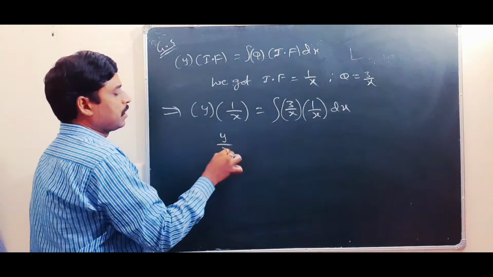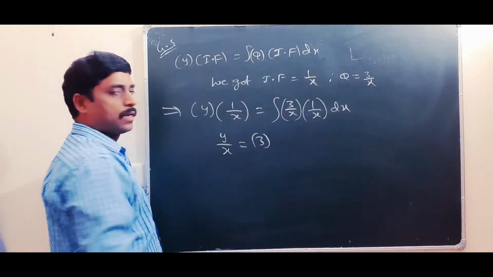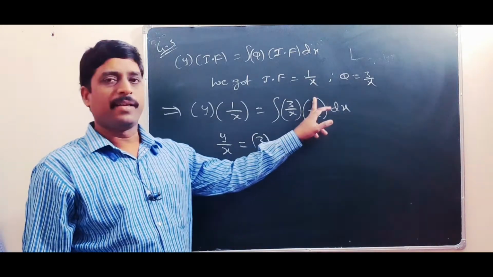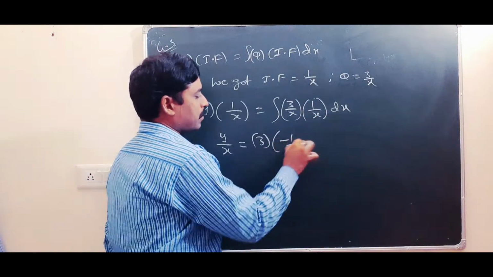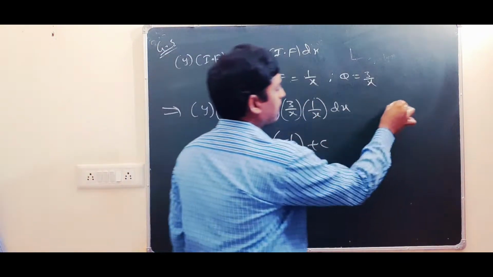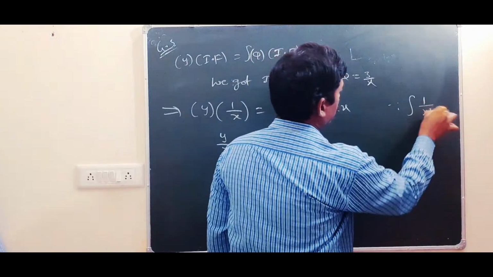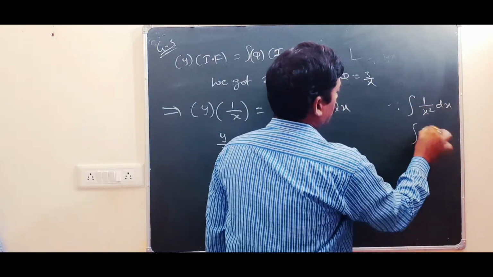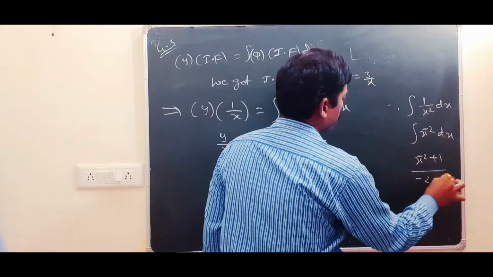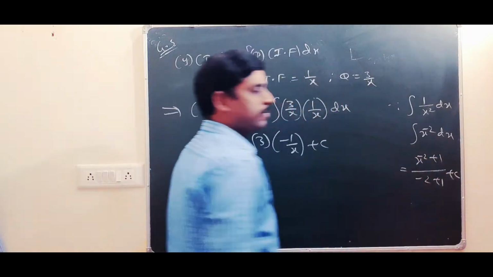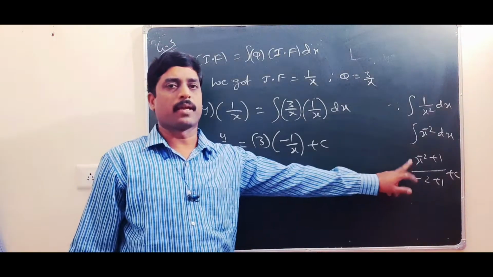So y by x is equal to 3 constant, integral 1 by x square. Integral 1 by x square is minus 1 by x plus c. We have 1 by x square integration, integral x to the power minus 2, which is x to the power minus 2 plus 1 by minus 2 plus 1. This is nothing but minus 1 by x.